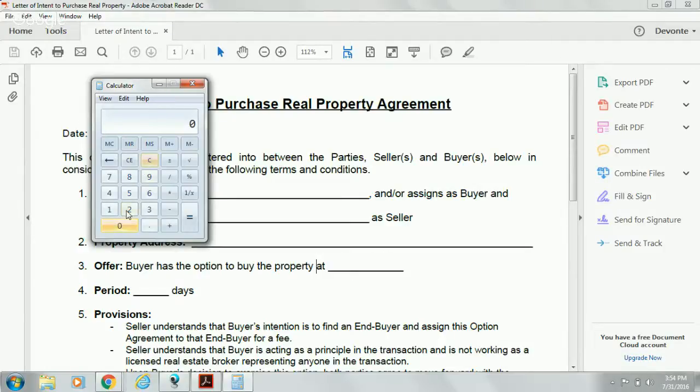Now, if you were to sell your house at $230,000 and you were to sell with the agent at 6%, well, then you're looking at paying out the commission of $13,800.